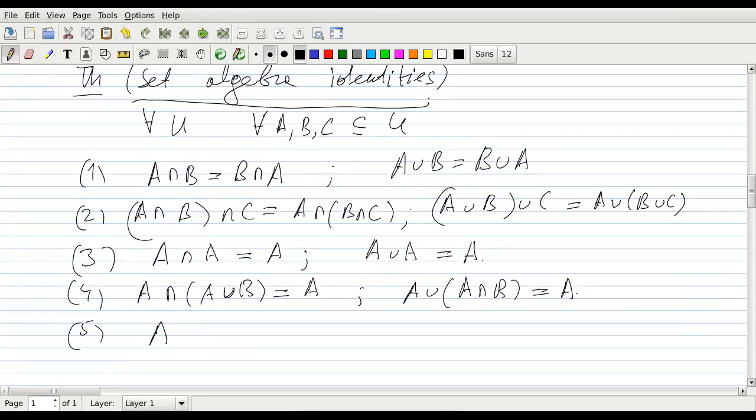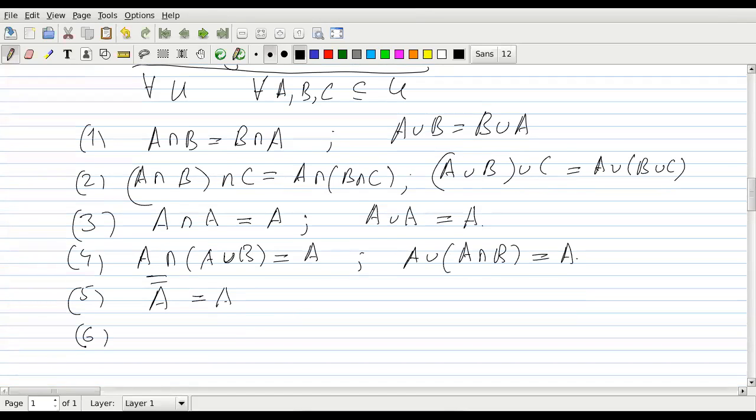5. Double negation. Double complement. The complement of the complement equals what? A. The original set. Of course. 6. The distribution laws.